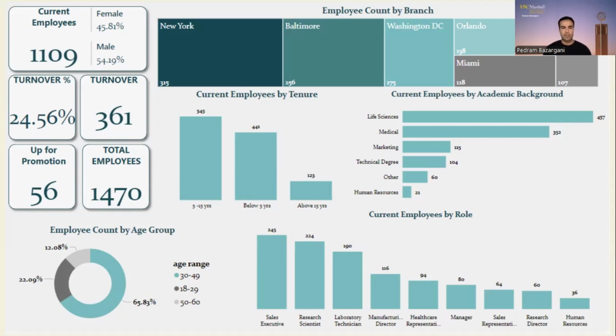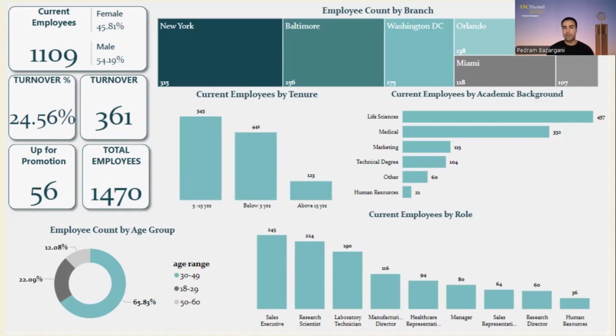And right below it, we could see the employee count by age group, with the 30 to 49 age range being significant. And to the right of that graph, we could see the current employees by role, with the top three roles being sales executive, research scientist, and laboratory technician.